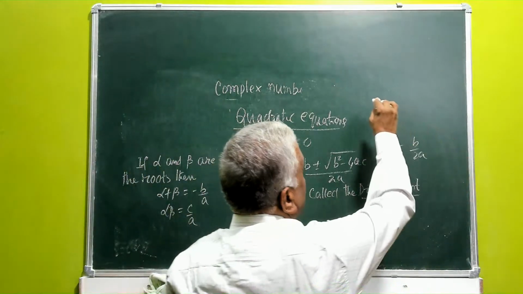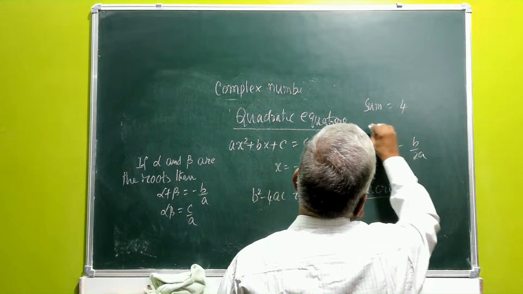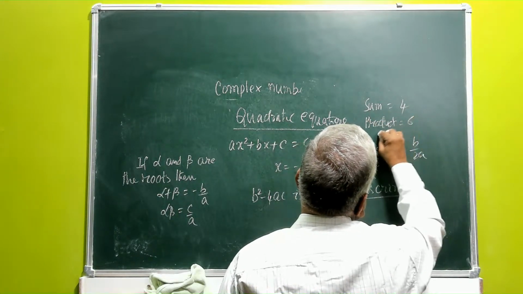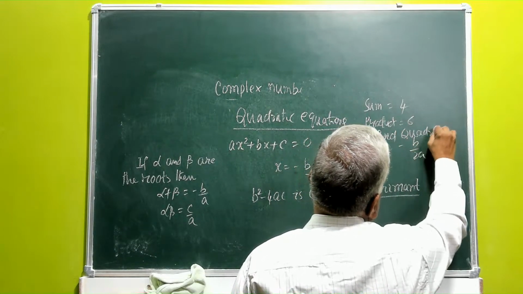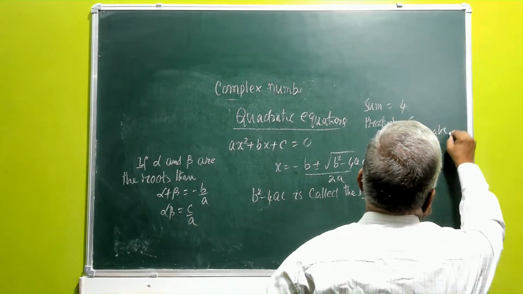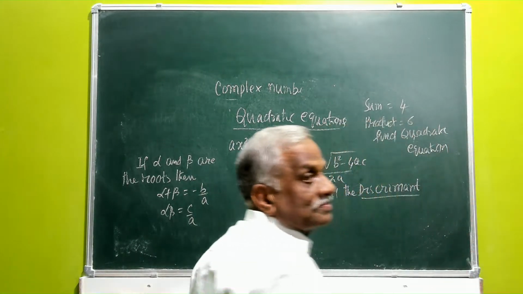Sometimes they will give you sum is equal to say 4, product is equal to say 6. Find the quadratic equation. The problem can be in this form also.